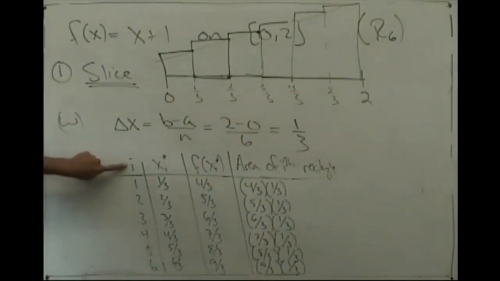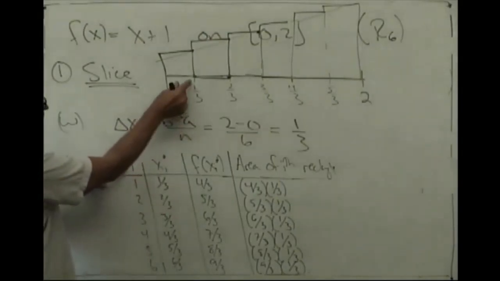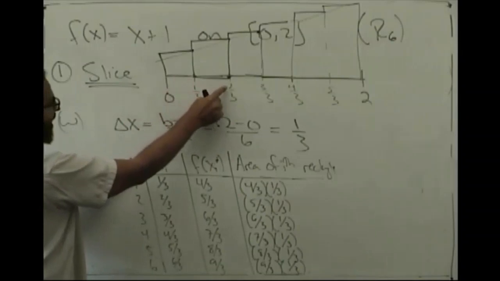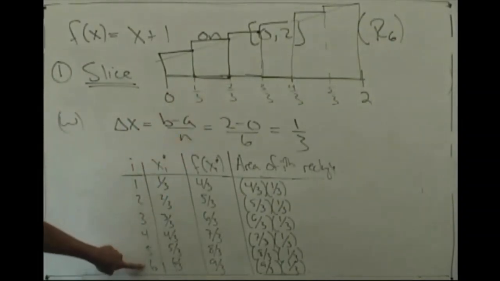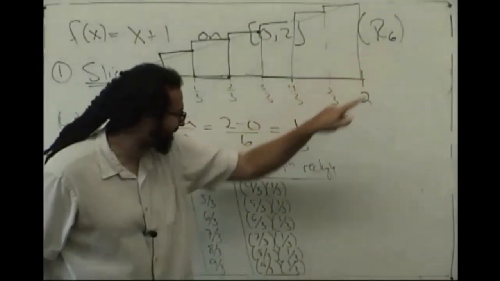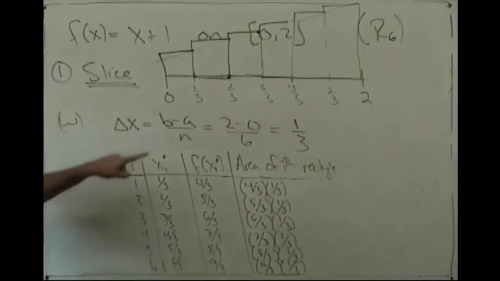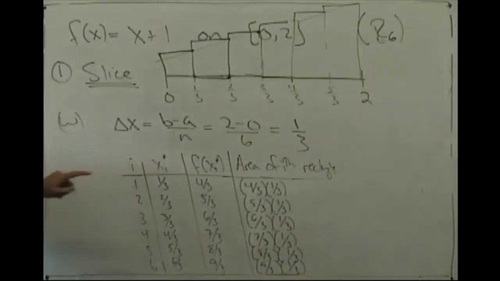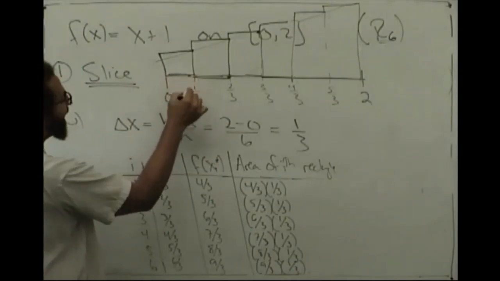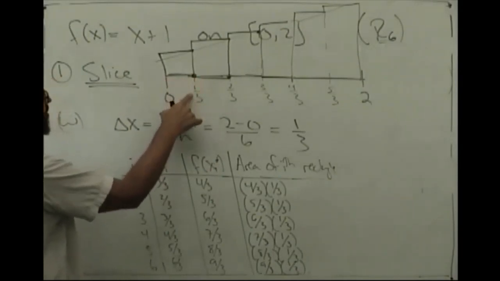Let's use i as my counter. So i equals 1 is the first subinterval, i equals 2 is the second subinterval, 3, 4, 5, and 6, because we're using 6 rectangles. Because we are using the right endpoint approximation, the sample point that I will use to determine the height is the right-hand endpoint.